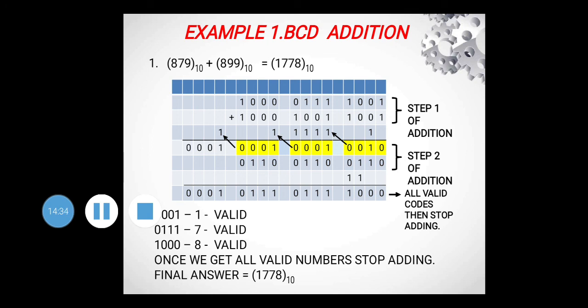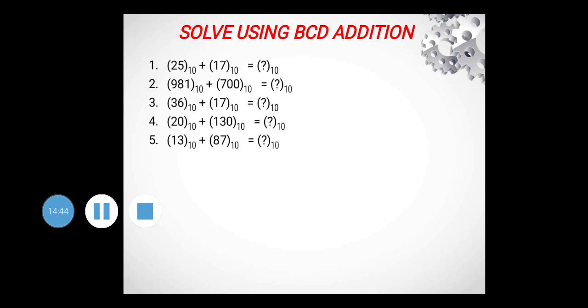So since you get all valid numbers, in the end you are going to stop, and the final answer is 1778. Now these are a few BCD addition questions to be solved as an assignment. Thank you.